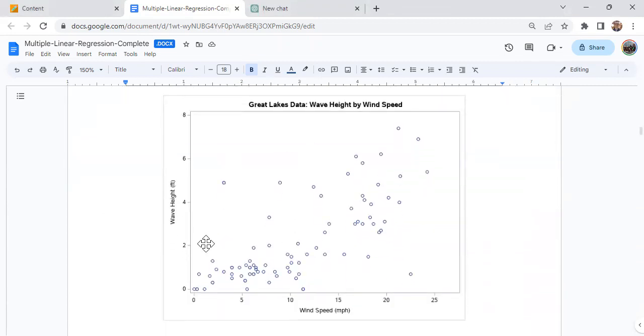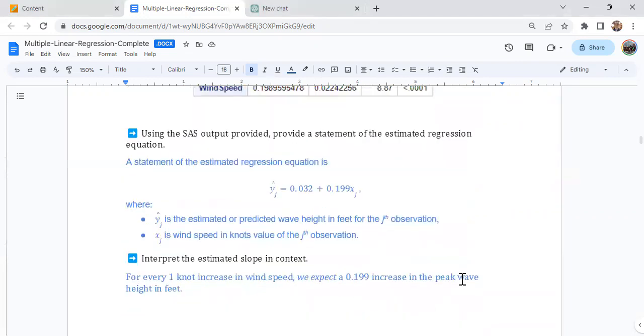We were looking at how we can use multiple linear regression to model some of the relationships in this data, particularly looking at how we can predict peak wave heights that these buoys measure using wind speed and temperature that are recorded by the buoys.